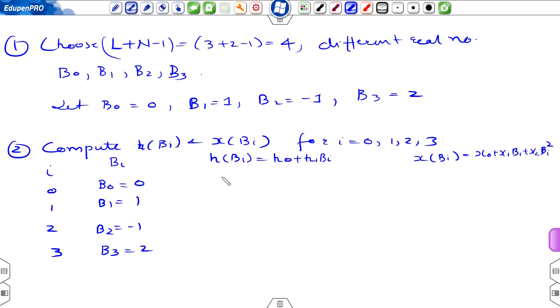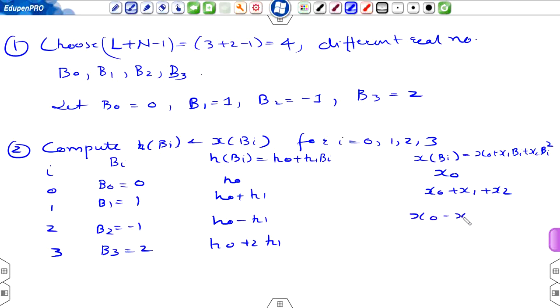So h of beta i for these values of beta will be h0, h0 plus h1, h0 minus h1 and h0 plus 2 h1, and x of beta i will be x0, x0 plus x1 plus x2, x0 minus x1 plus x2 and x0 plus 2x1 plus 4x2.